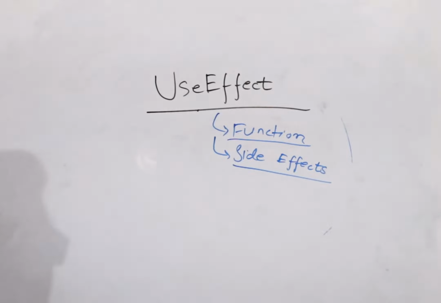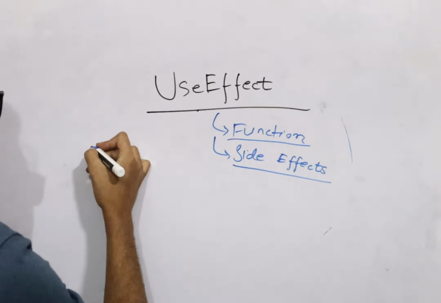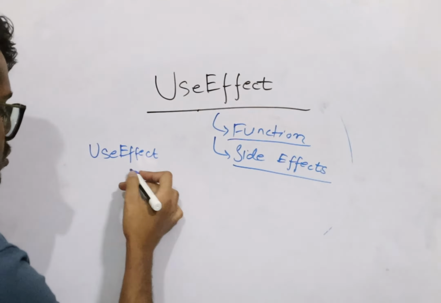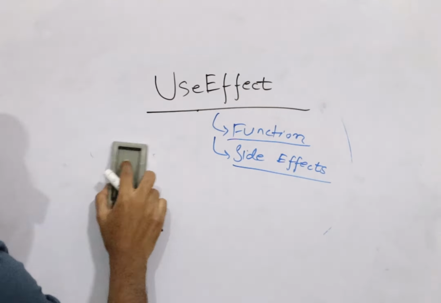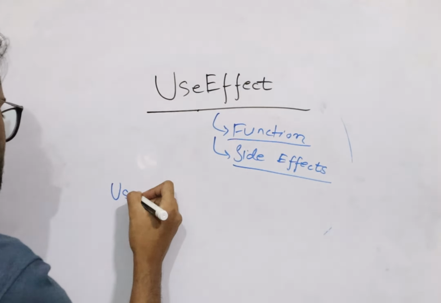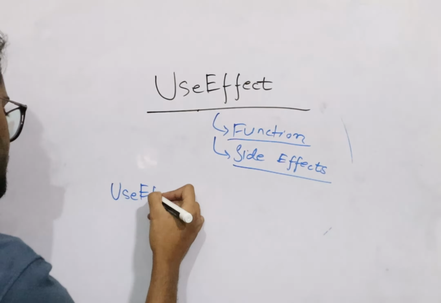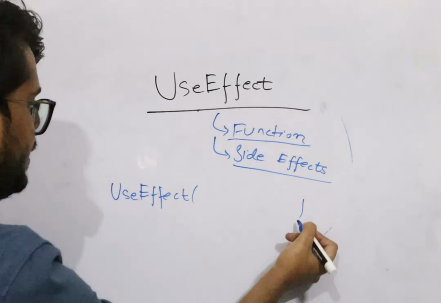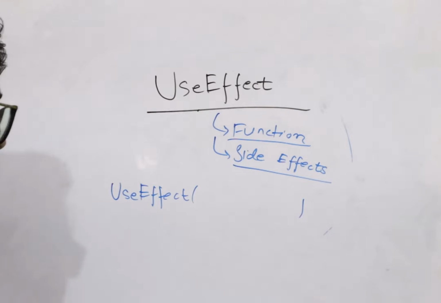So how to create a useEffect hook? We have to import the useEffect hook from React, and this takes two things. Let me write it here where we have more space. useEffect takes two things.